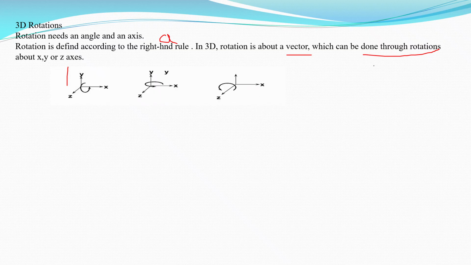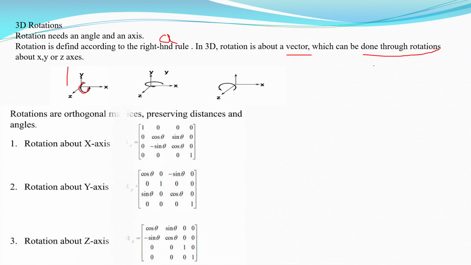So how will the matrix be written? This is an example for the x axis, y axis and z axis. The rotations are orthogonal. So rotation about the x axis means the x value has to be 1, and then y and z.